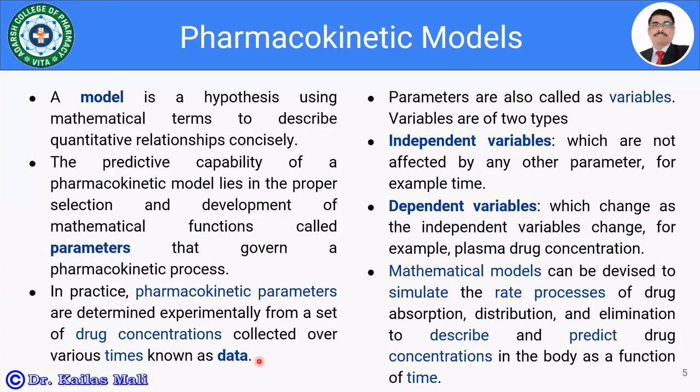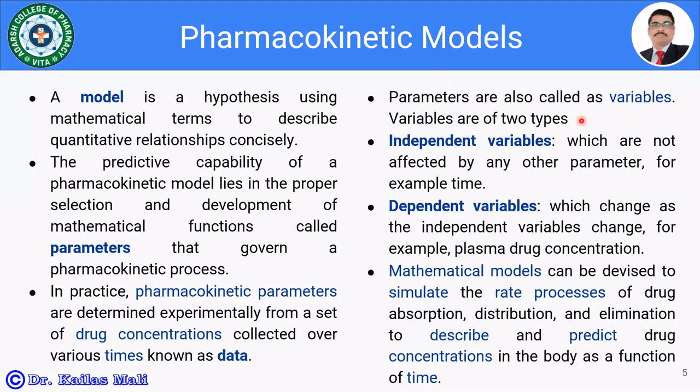These parameters are also called the variables. Say for example, time is one variable and concentration is another variable. In pharmaceutics, suppose you are performing an experiment of dissolution studies.